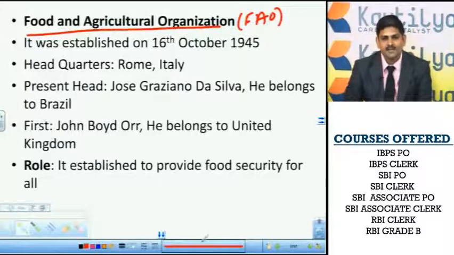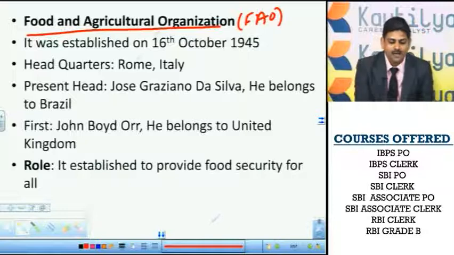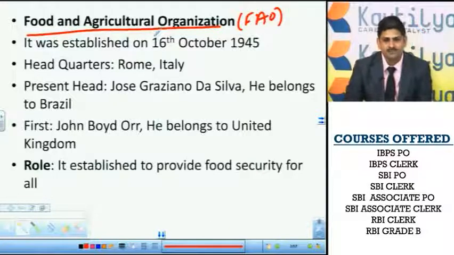Food security is the most important aspect of human development. Without food security, it's impossible for the nation or the whole world to progress. So in order to ensure food security across the world, the Food and Agriculture Organization was established.